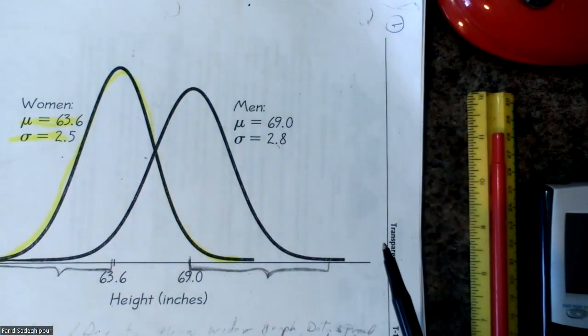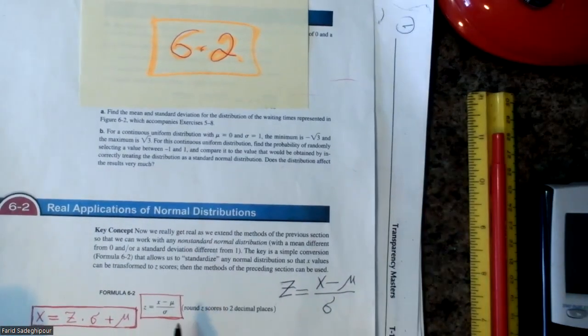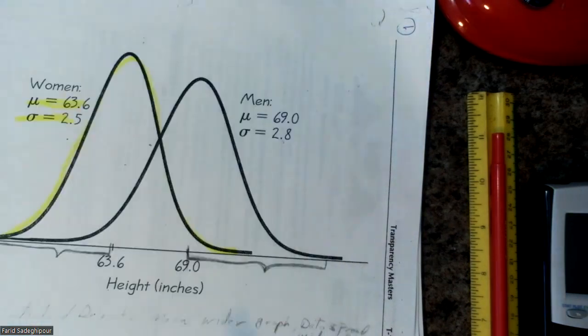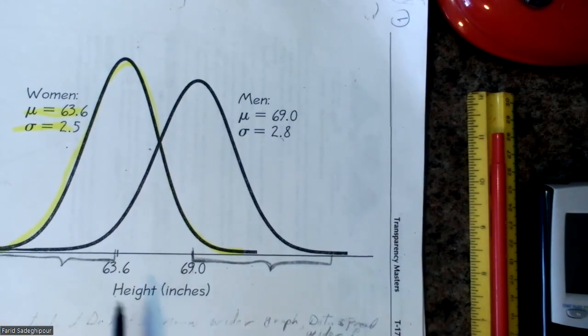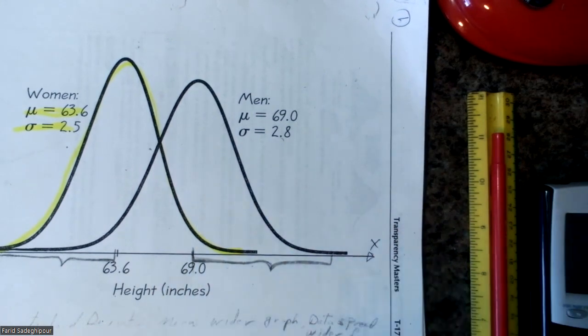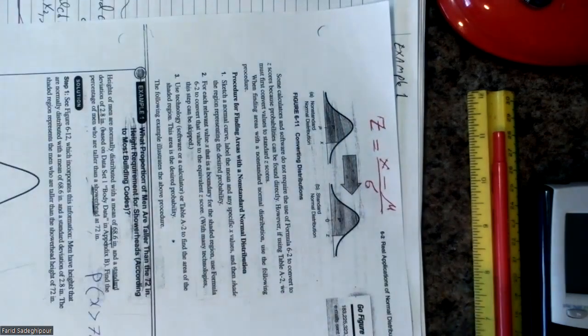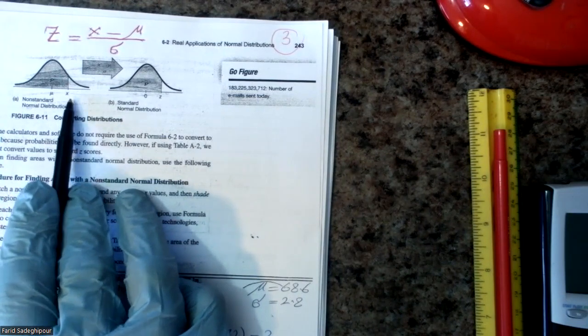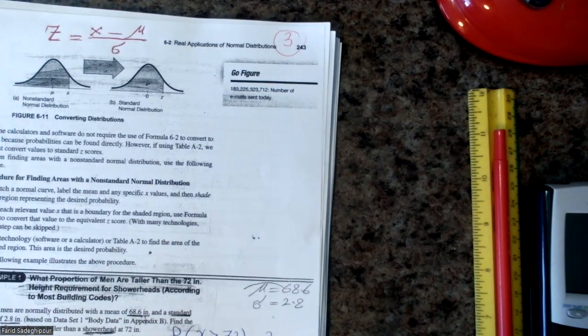For that, we use this formula, which converts x to z. This type of curve has x as its horizontal axis, not z anymore. So for conversions from the non-standard, which is x, to the standard, which is z, this is the formula to use.